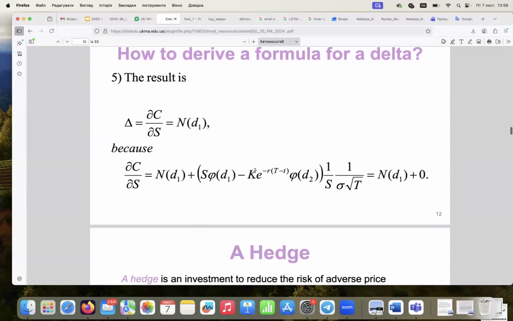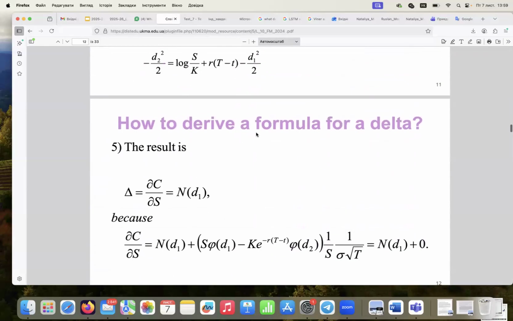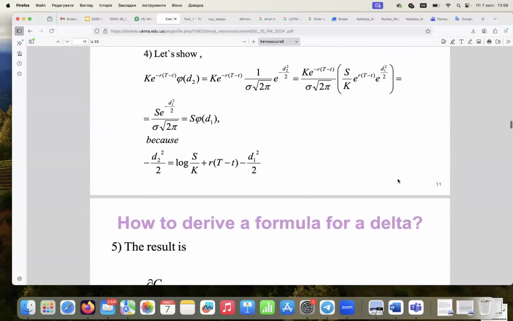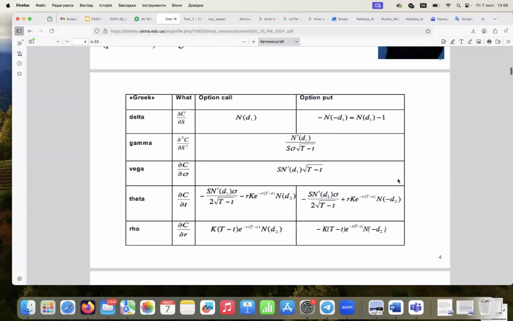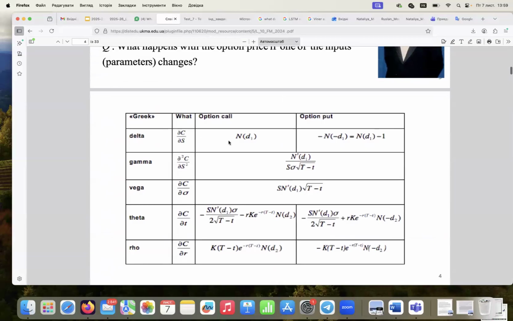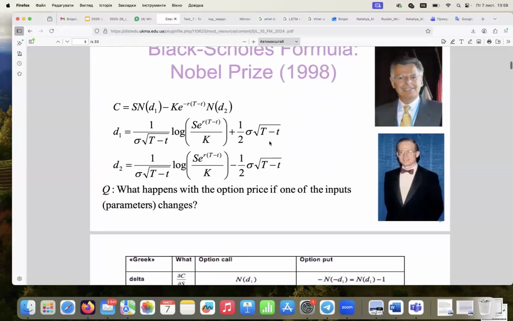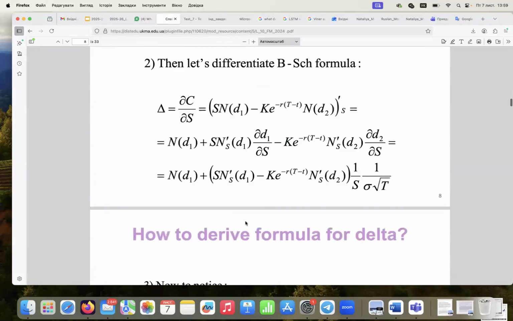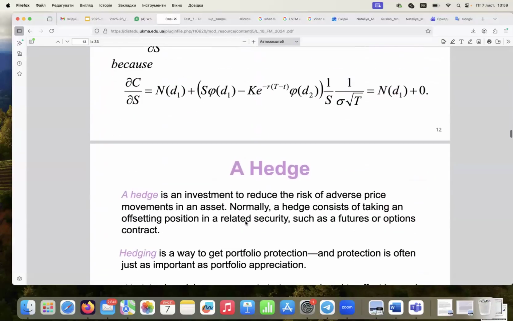So it should be this equals this from this formula. So it is 0, and we have just N of d1, like in this table. So if you need to know what delta is, you need just to compute d1 and find this normal distribution function. That's all. So it's about how to derive delta.